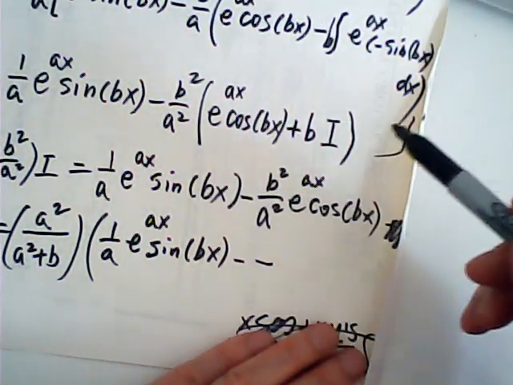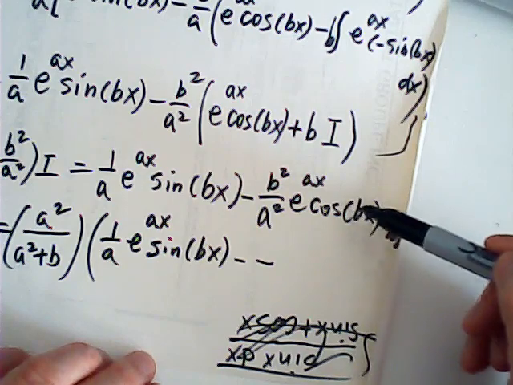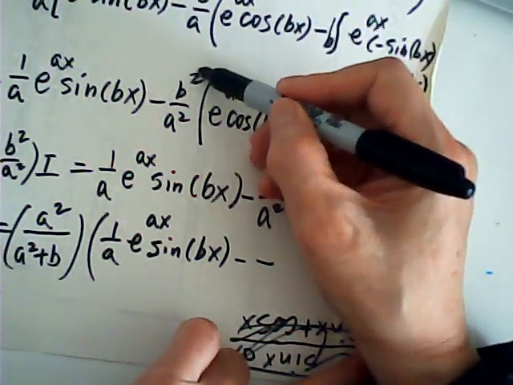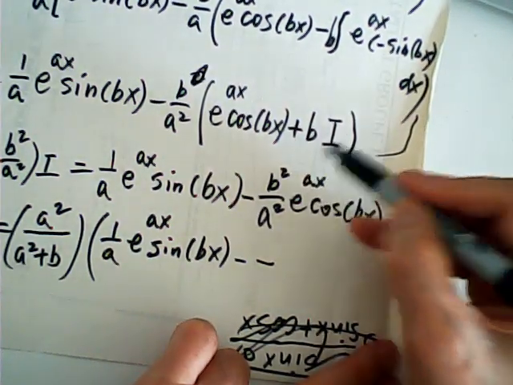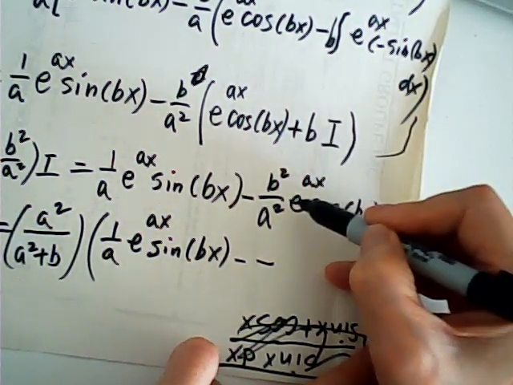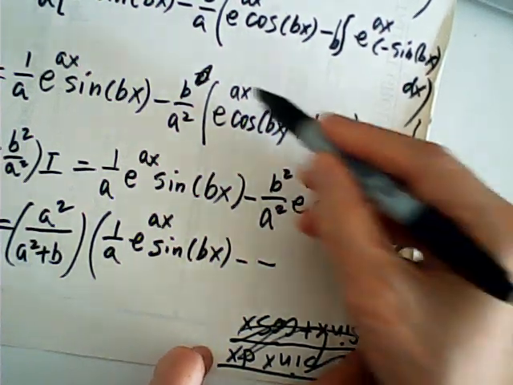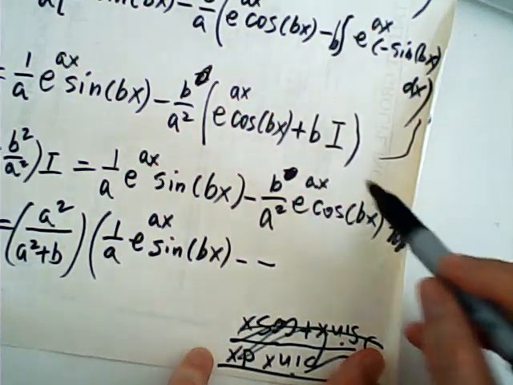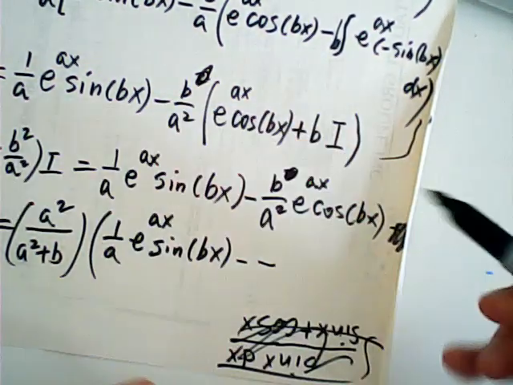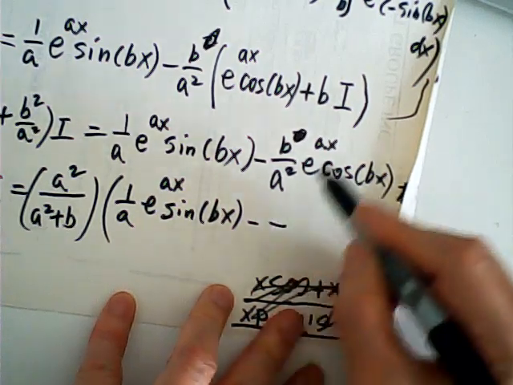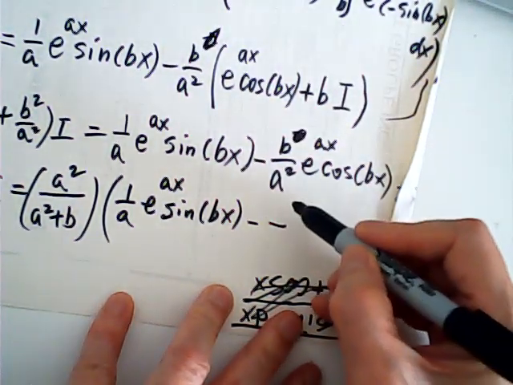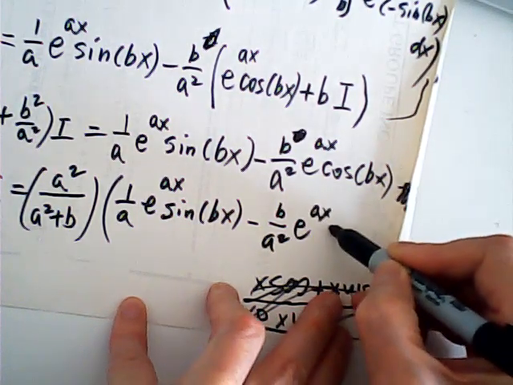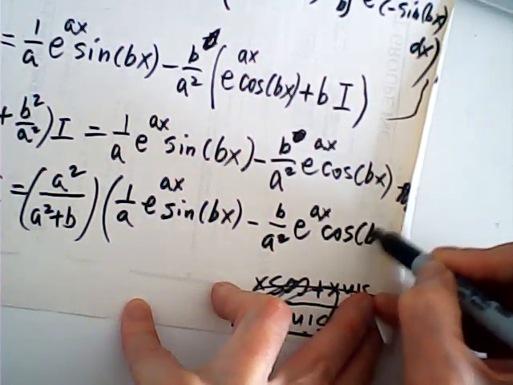This is times the b square, yeah. This is b, sorry. I still have missed it. This is a b, yeah. This is bI, so this one times this one's a b. This one times this b, the bI with this one, yes. Okay, then this is a, sorry, there's always some errors. This is b, this is a square, e to the power ax, and the cosine bx.